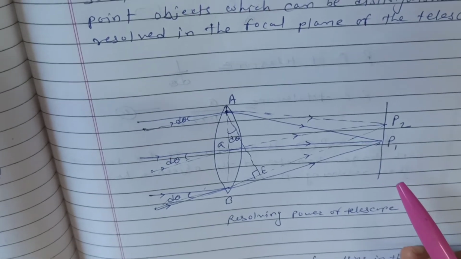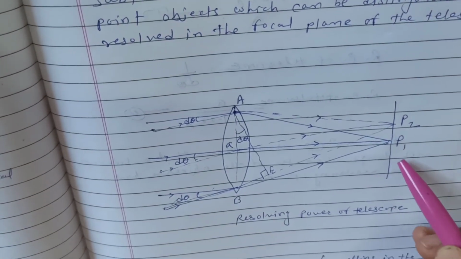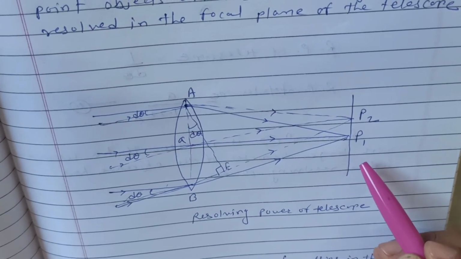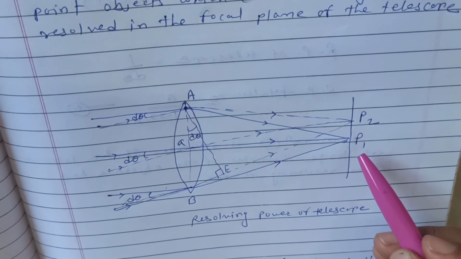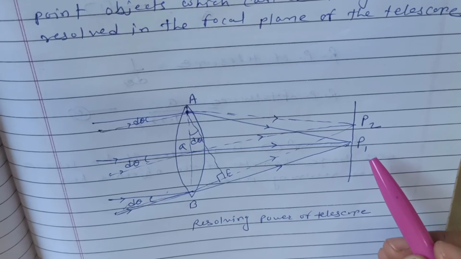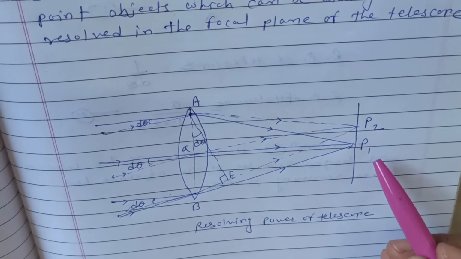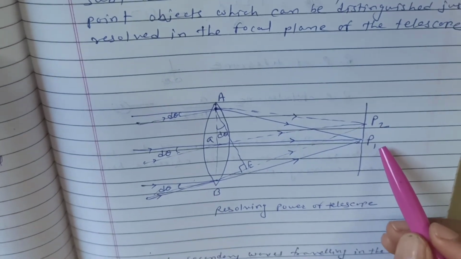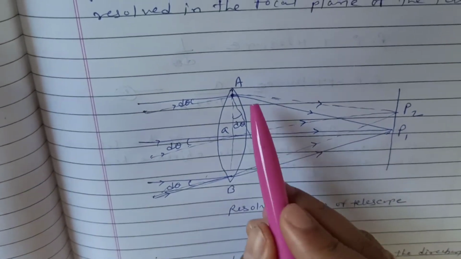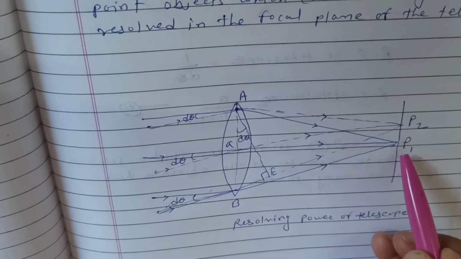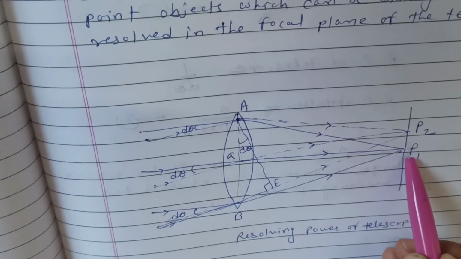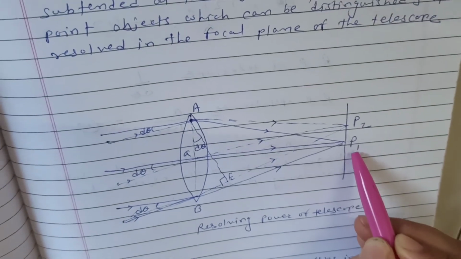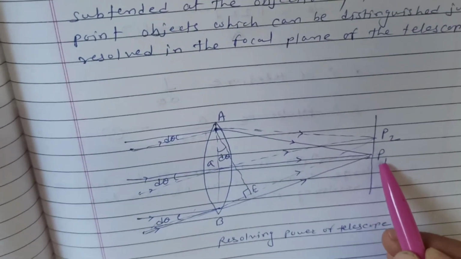According to Rayleigh's criterion, these two images P1 and P2 are said to be just resolved if the central maximum in the diffraction pattern of the first object falls on the first minimum of the diffraction pattern of the second object, and vice versa. The path difference between AP1 and BP1 is 0, hence P1 is the position of the central maximum of the image of the first object.